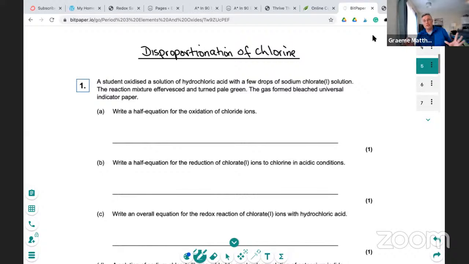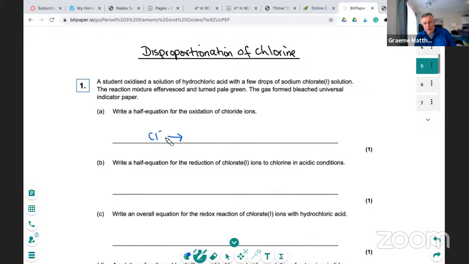Chlorine is in group 7, it's got 7 valence electrons. You could gain 1 and be Cl-, which is what we're probably thinking it is. However, we know that it could also go all the way up to +7. It could lose those 7 valence electrons, because we said that non-metals and transition metals have what's known as a variable oxidation state.